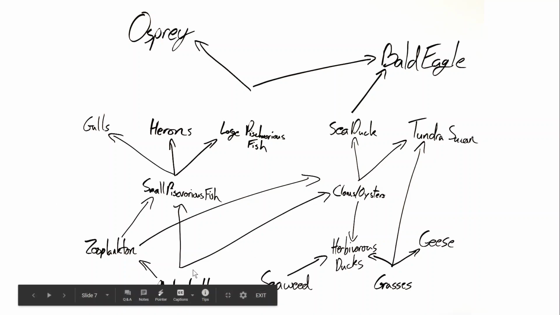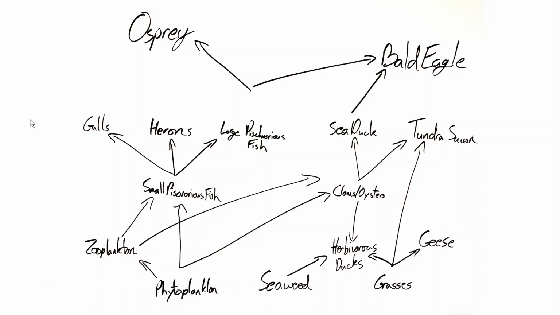So we've got phytoplankton down here at the bottom. Phytoplankton are autotrophs. So they make their own energy from solar energy. So they're going to do photosynthesis. Right? That energy gets transferred to heterotrophs when they're eaten.